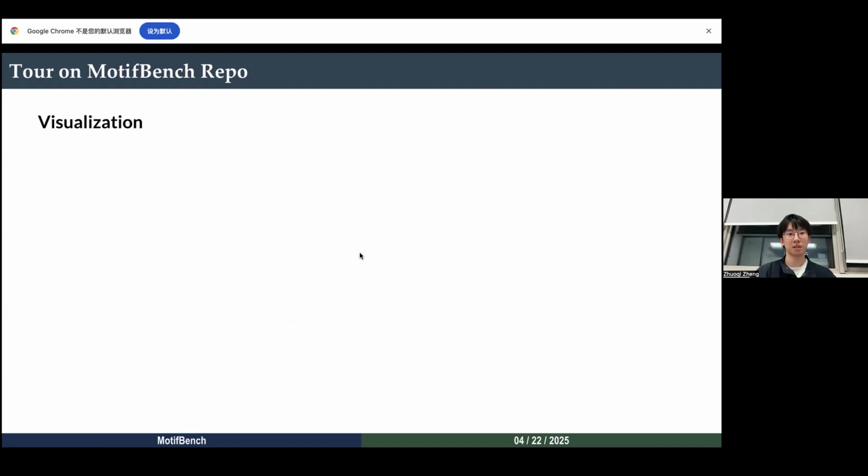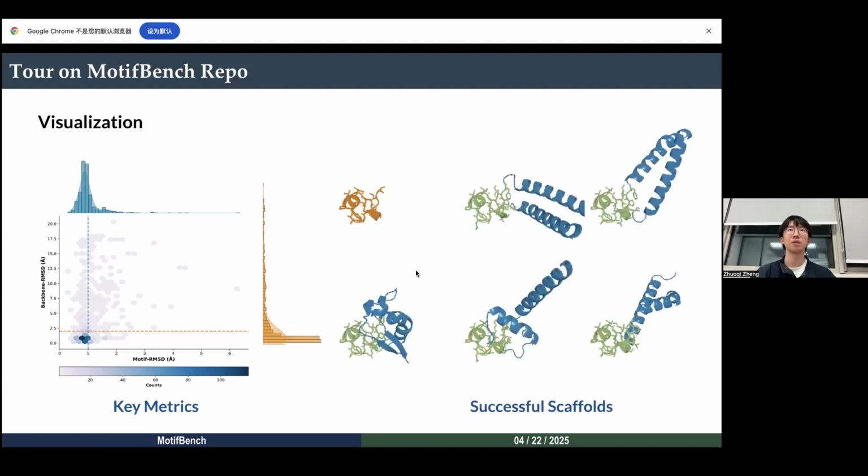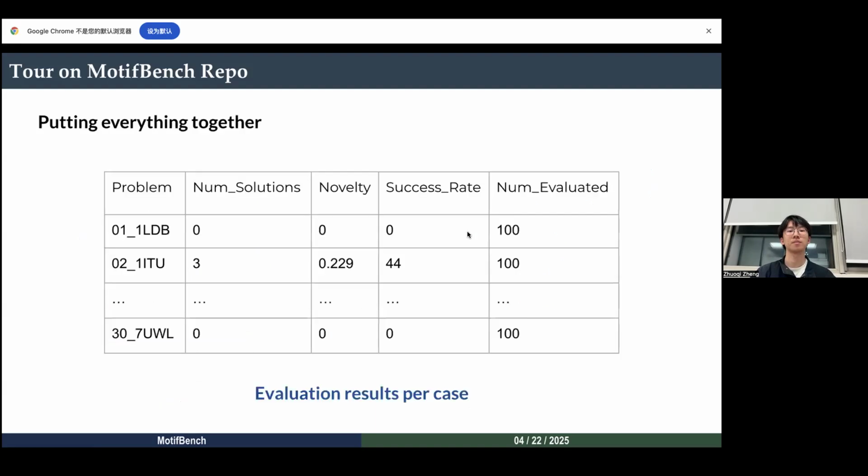We also have some visualizations of key metrics like the RMSD of the scaffolds and motifs, and the novelty, and also visualizations of the scaffolds colored by motifs and scaffolds separately.